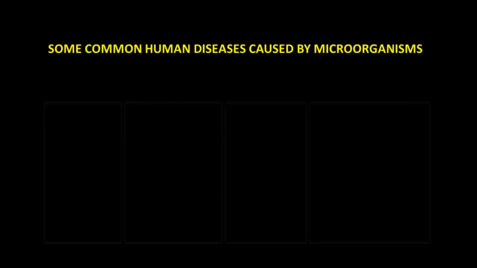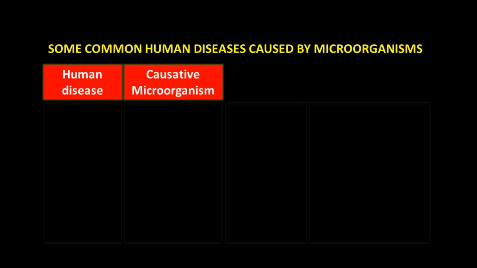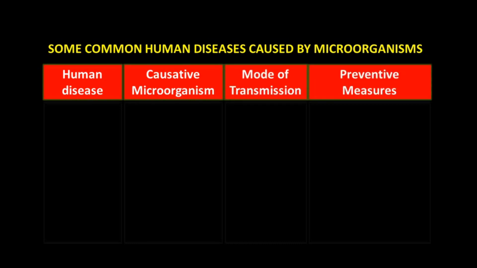Some common human diseases caused by microorganisms. Human disease, causative microorganisms, mode of transmission and preventive measures. Disease: tuberculosis. This disease is caused by bacteria. Mode of transmission is air.